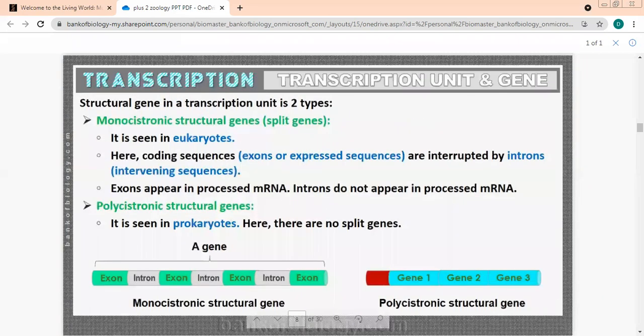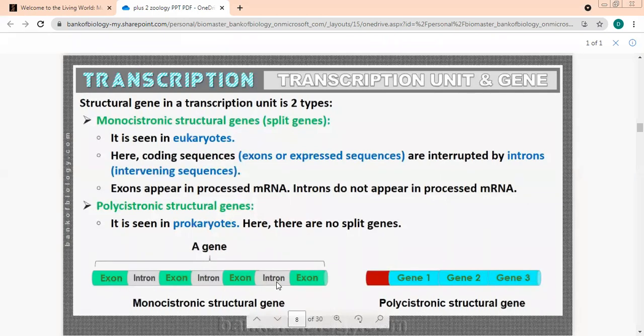When we talked about a transcription unit, we talked about a promoter area, we had a terminator area, and in the middle we had the structural gene. Structural gene is of two types, monocistronic and polycistronic. Monocistronic is found in eukaryotes, but this is not continuous. You got exons and introns: those sequences which express are exons, which do not express are introns.